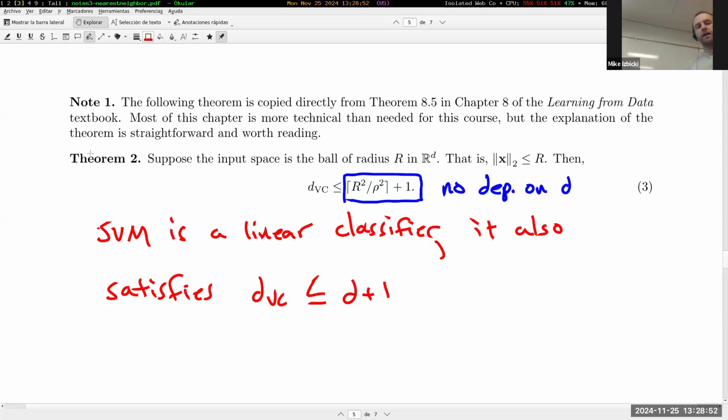But one of the parts that is worth reading is their description of Theorem 2. I think it's very intuitive, and so it's worth taking a look at to properly understand why Theorem 2 is the way it is, and being able to take advantage of it. Okay, and that's where we left off last time.